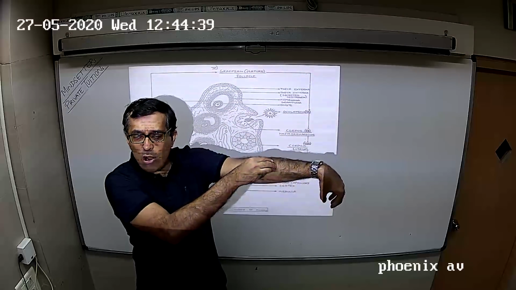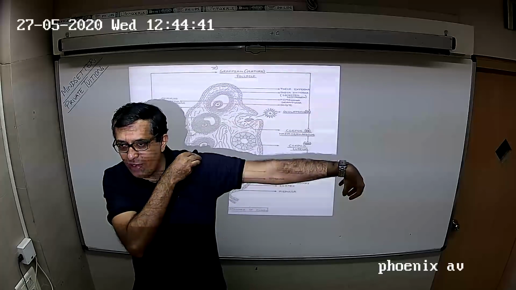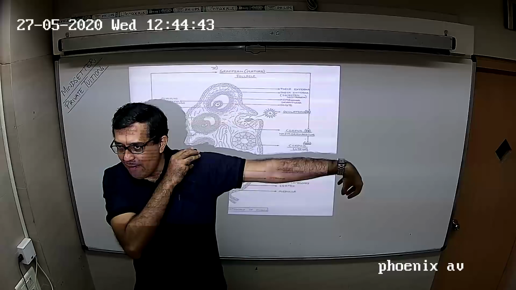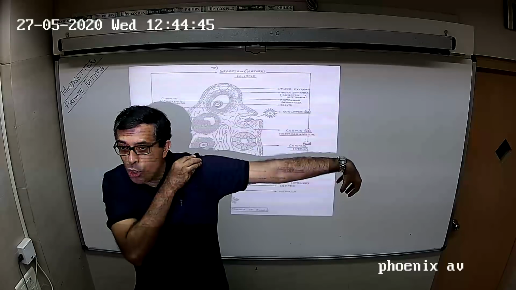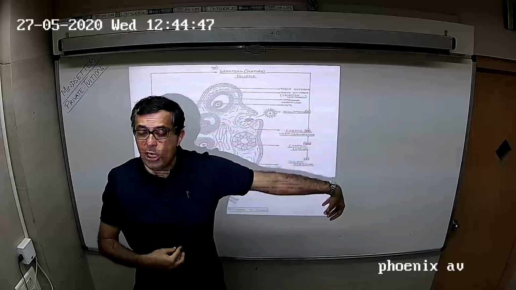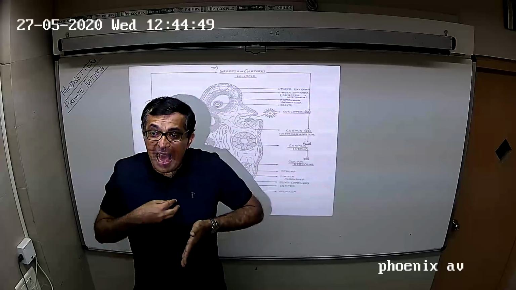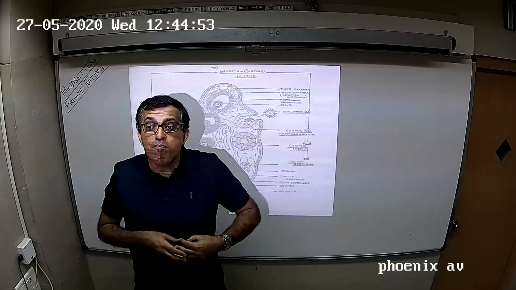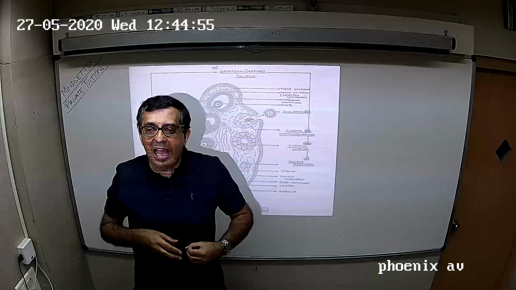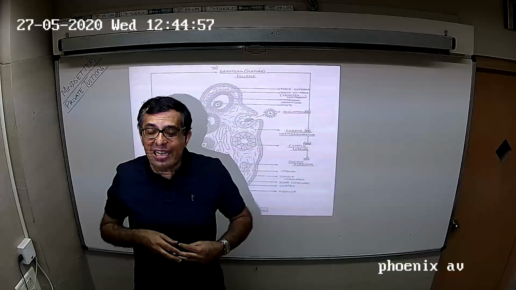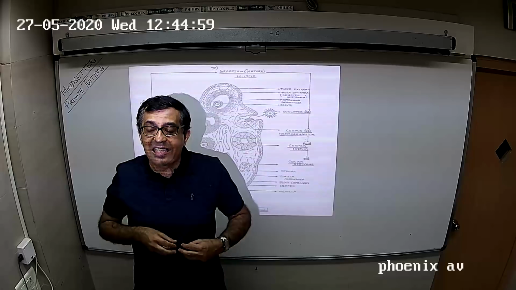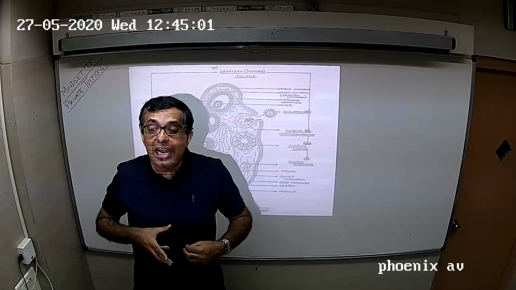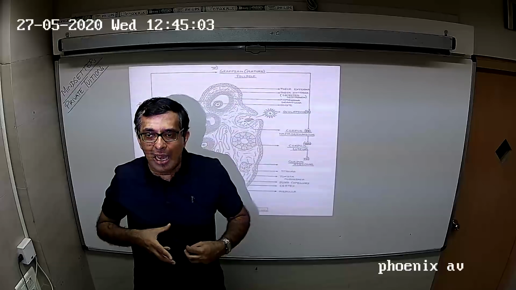The zygote now by ciliary movements and cell division will first form a morula. The morula will drop on the endometrium and it will stick to the endometrium with the help of mucus. And then uterine milk given by uterine glands converts the morula into a blastula.